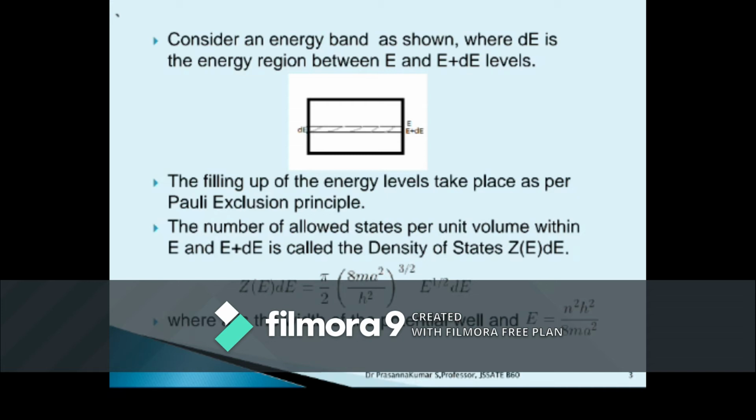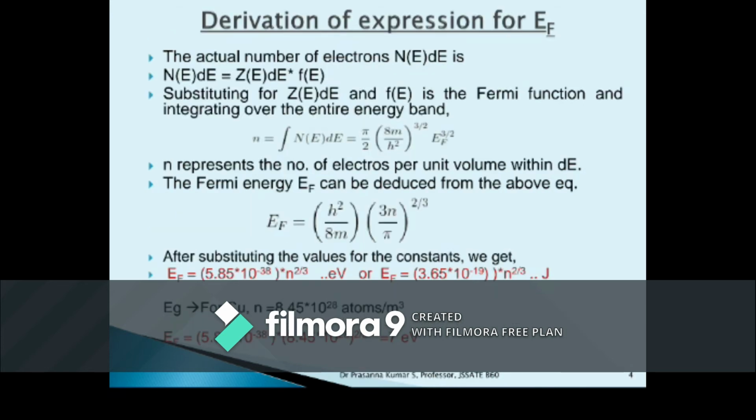Whether the electron is present within the energy range between E and E plus dE is decided by the Fermi factor f of E. So N of E dE is equal to the states available, given by Z of E dE, multiplied by the Fermi factor. That is the actual number of electrons, N of E dE. If that is the actual number, how many actual are present depends on the density of states available.